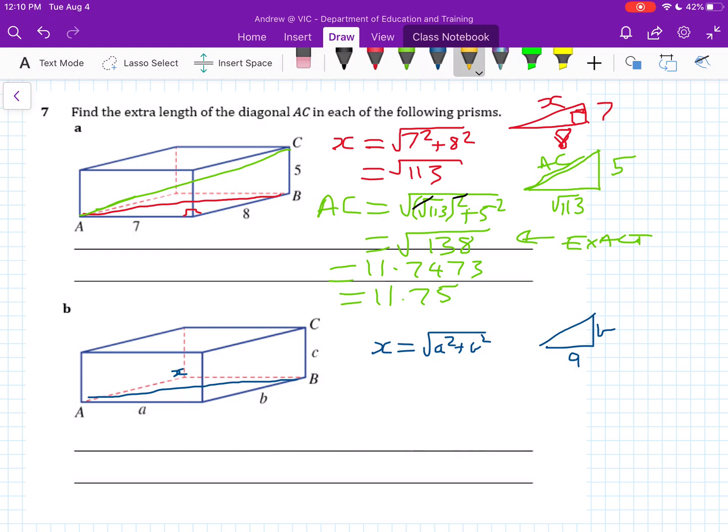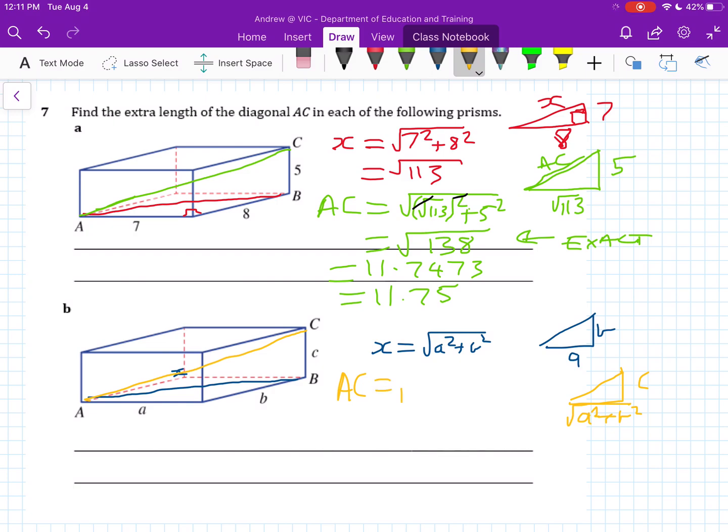Alright, and in yellow, then we want to find the diagonal, this A to C. Okay, A to C. So we have a value for x. So I'm just going to draw out our triangle here. So x is equal to the square root of a squared plus b squared. So this value down the bottom is now the square root of a squared plus b squared. And our side length height is c. So we just substitute in the value.